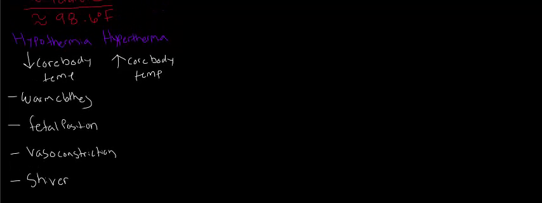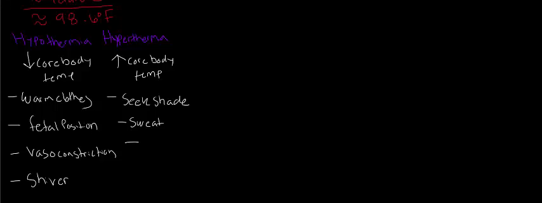In hyperthermia, we tend to seek the shade. And there's cholinergic sympathetic nerves which stimulate sweat glands. And as we sweat, we undergo evaporative cooling, so that when our sweat evaporates, it leaves off a cooling sensation on the skin and the blood underneath.